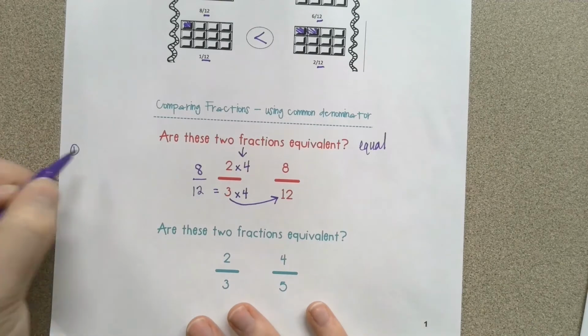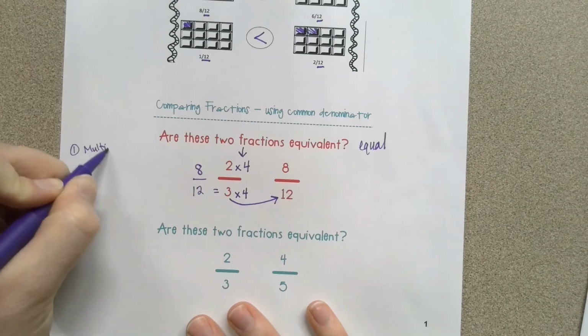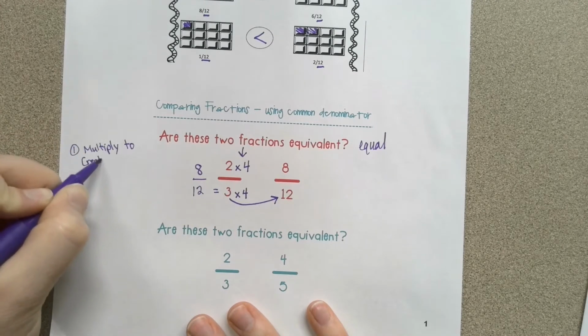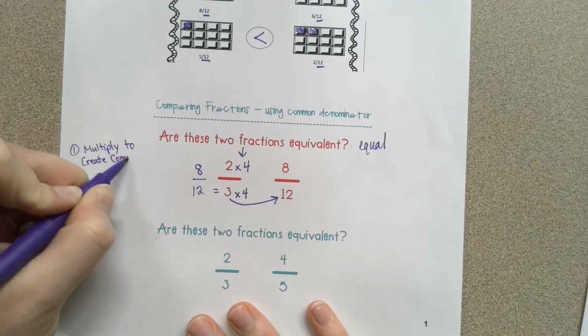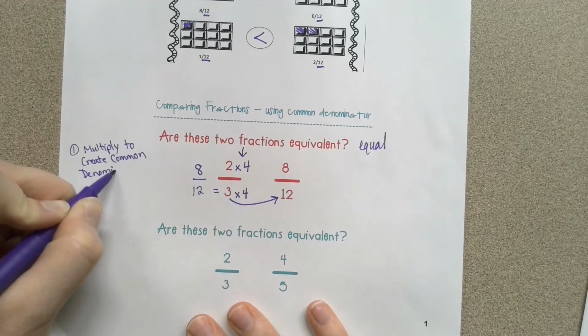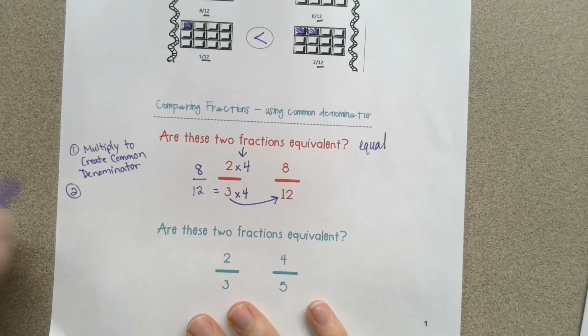That's one option we can do. We can multiply to create a common denominator, and then see if the numerator matches.